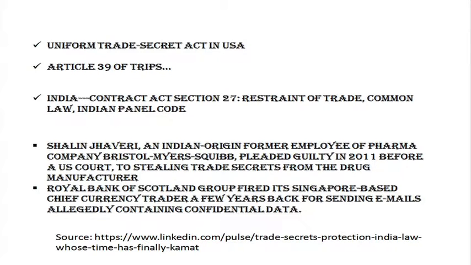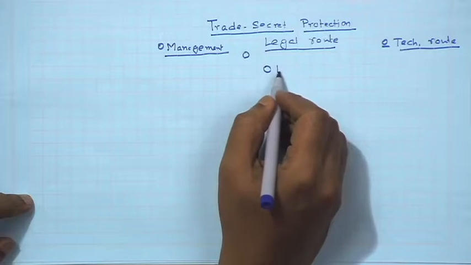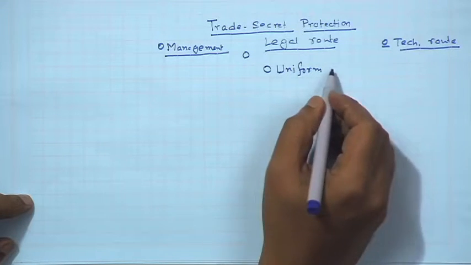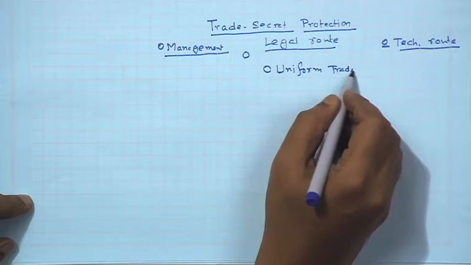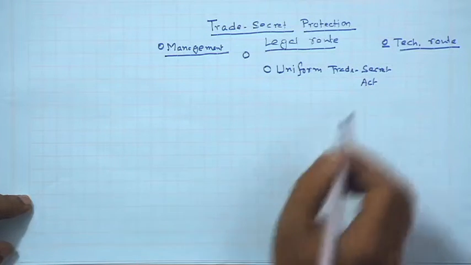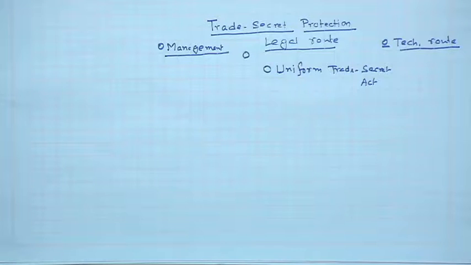We have a federal legislation, the Uniform Trade Secret Act, and also several state legislations regarding trade secrets.